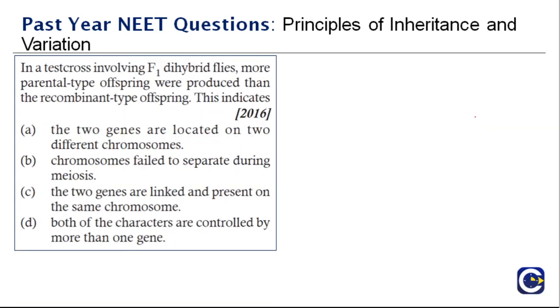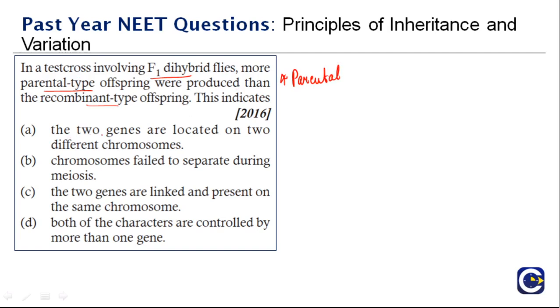The next question is: in a test cross involving F1 dihybrid flies, more parental type offsprings were produced than the recombinant type. This indicates what? You see that more parental were produced than the recombinant.